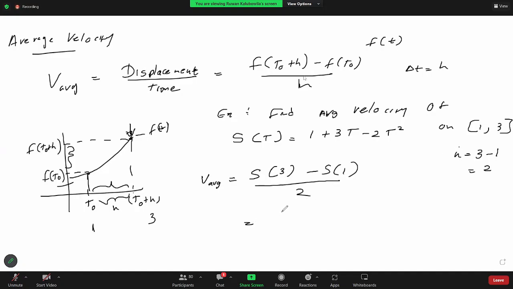Okay, s(3). Can you simplify this? 1 plus 3 times 3 minus 2 times 3 squared, minus (1 plus 3 minus 2), by 2.